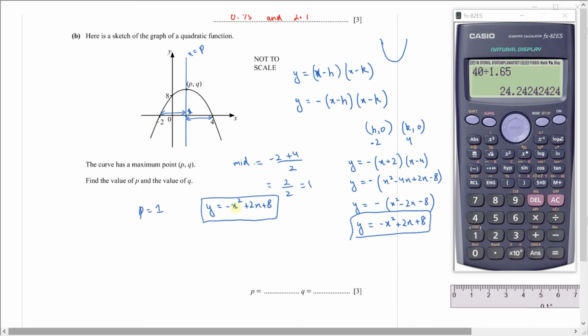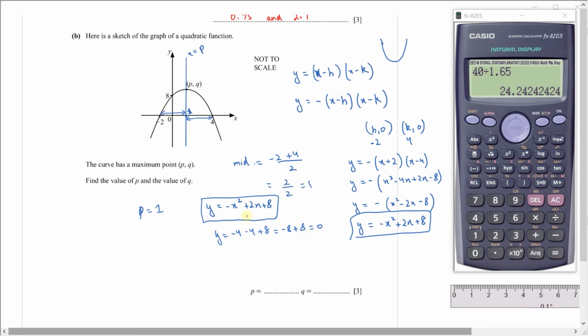So if I substitute minus 2 here, I get y equals minus 4, and then minus 4, and then 2 into minus 2 is minus 4, plus 8, which is minus 8 plus 8, which is 0. So that is to confirm that this equation is correct. I basically substituted two values of x to find the y values. If I substitute x equals 0, I get y equals 8. And if I substitute x equals minus 2, I get y equals 0.